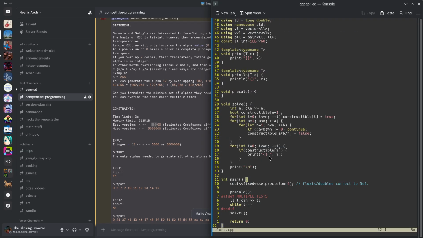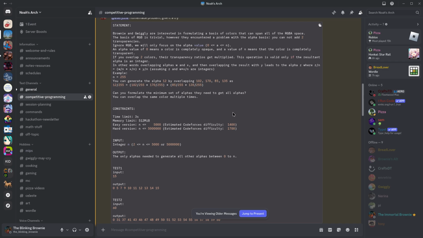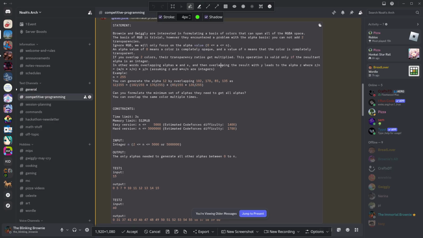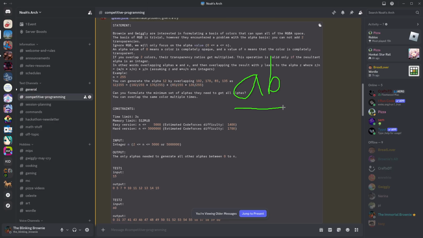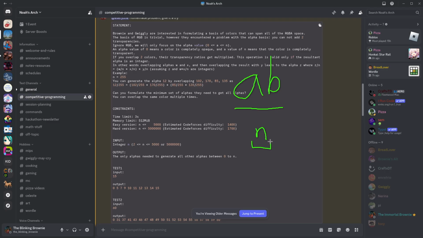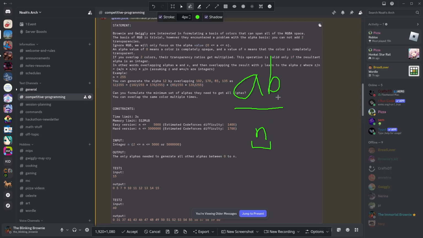So now we have to speed it up. Let's think about it a bit more. We know that ab over n is an integer, right? And we know that a and b are less than n. So this means that the factors of n are spread out amongst a and b.